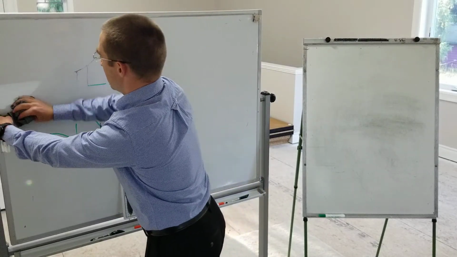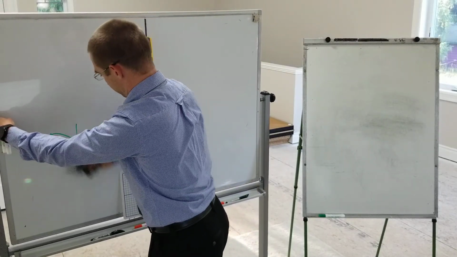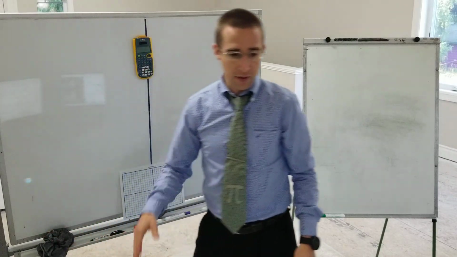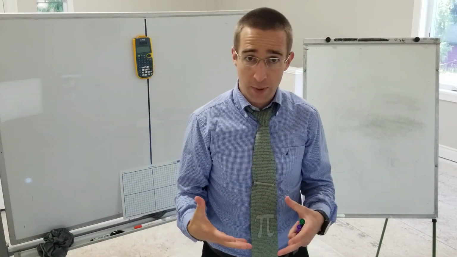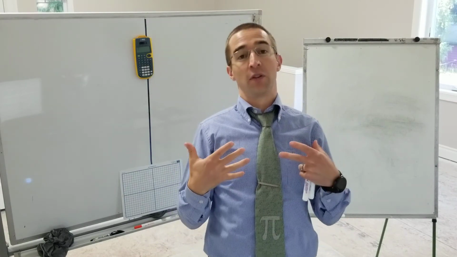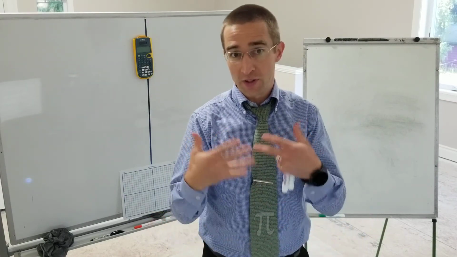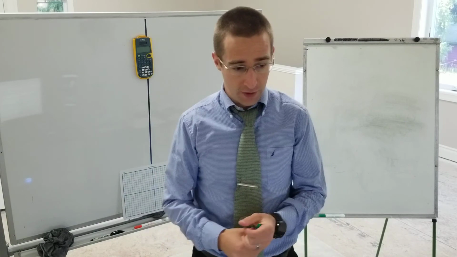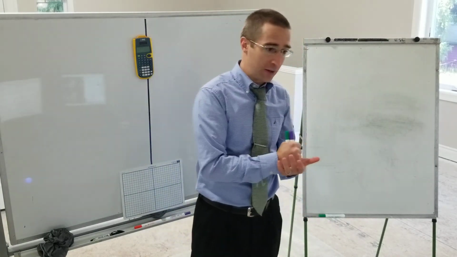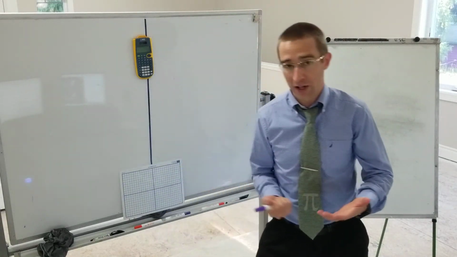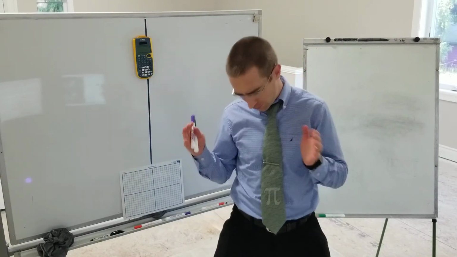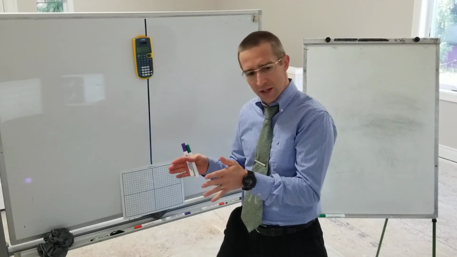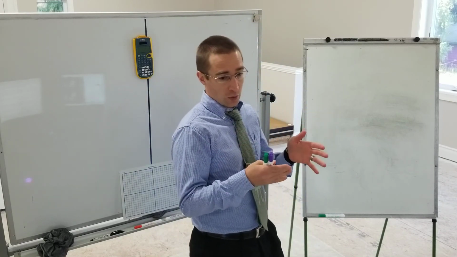All right, so for a function, the domain is the set of all the inputs, all the x numbers that are possible. The range is the set of all the y numbers, or the set of all the outputs that are possible for the function. Independent variable, those are your x numbers. Dependent variable is usually your y's.